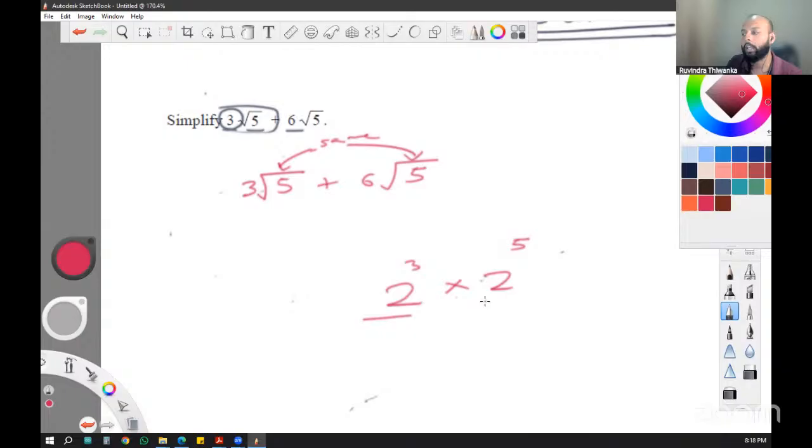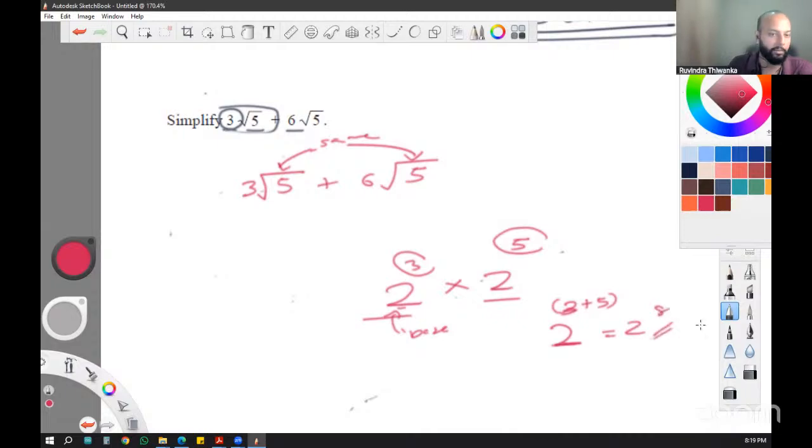In indices you have indices values different, but the base value, we call this the base. Same base. If you have the same base, we can do what? Add these two. If you can answer or if you have any question, ask me. So we can just write it as 2 to the power 8, something like this.